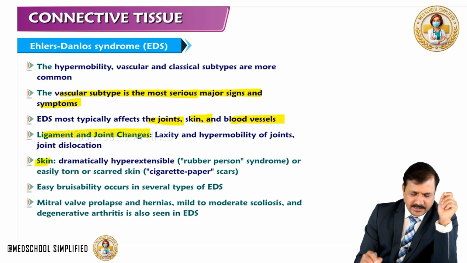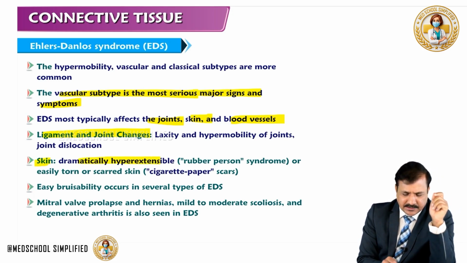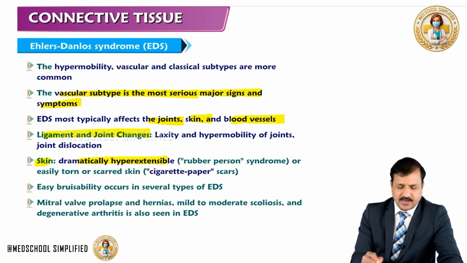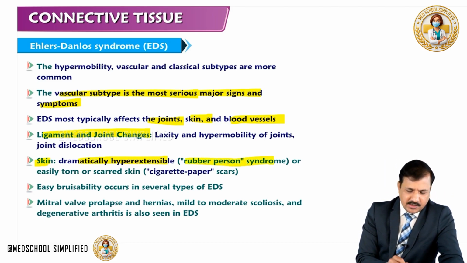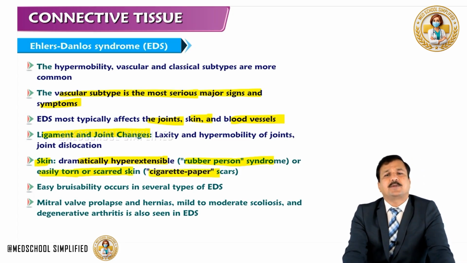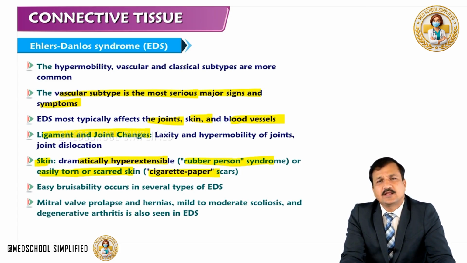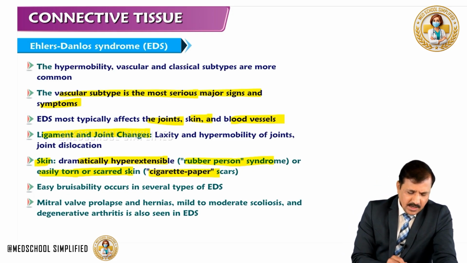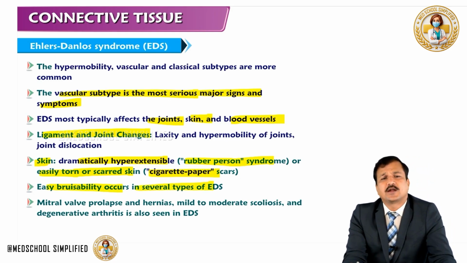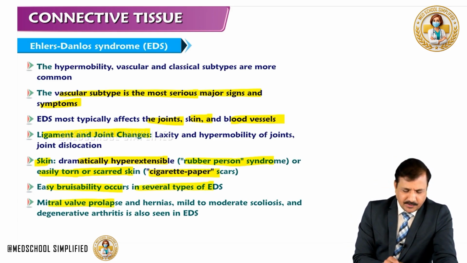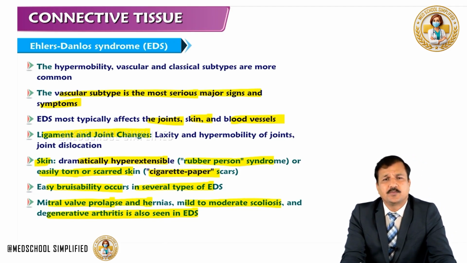In skin involvement, there is dramatically hyperextensible skin, sometimes referred to as rubber person syndrome, or easily torn or scarred skin, referred to as cigarette paper scars. Easy bruisability occurs in several types. Mitral valve prolapse, hernias, mild to moderate scoliosis and degenerative arthritis are also seen.